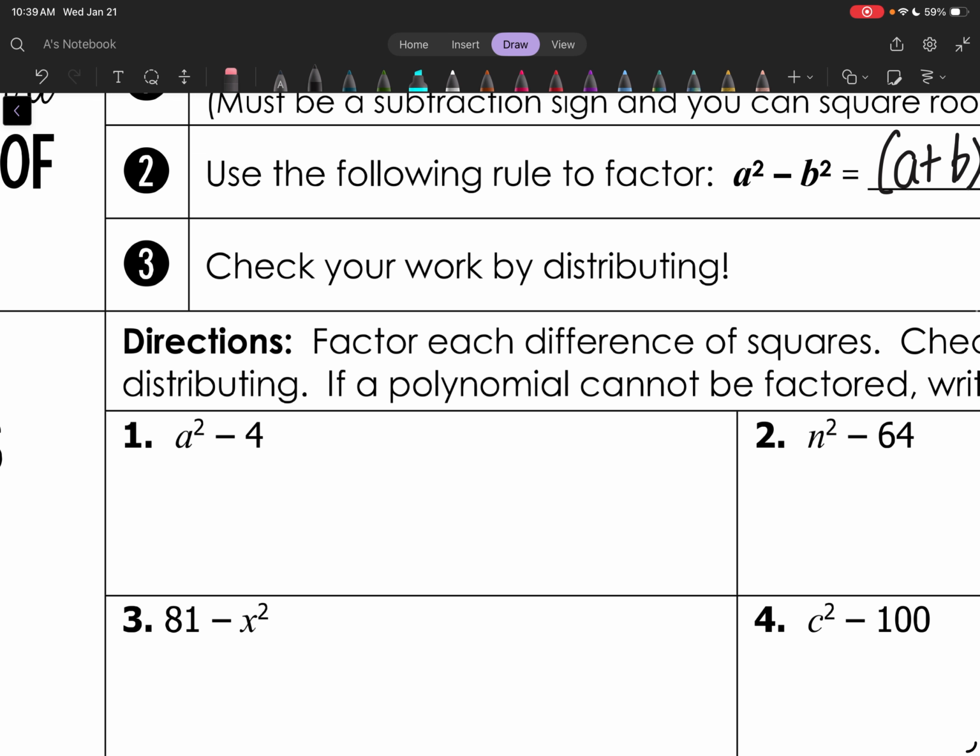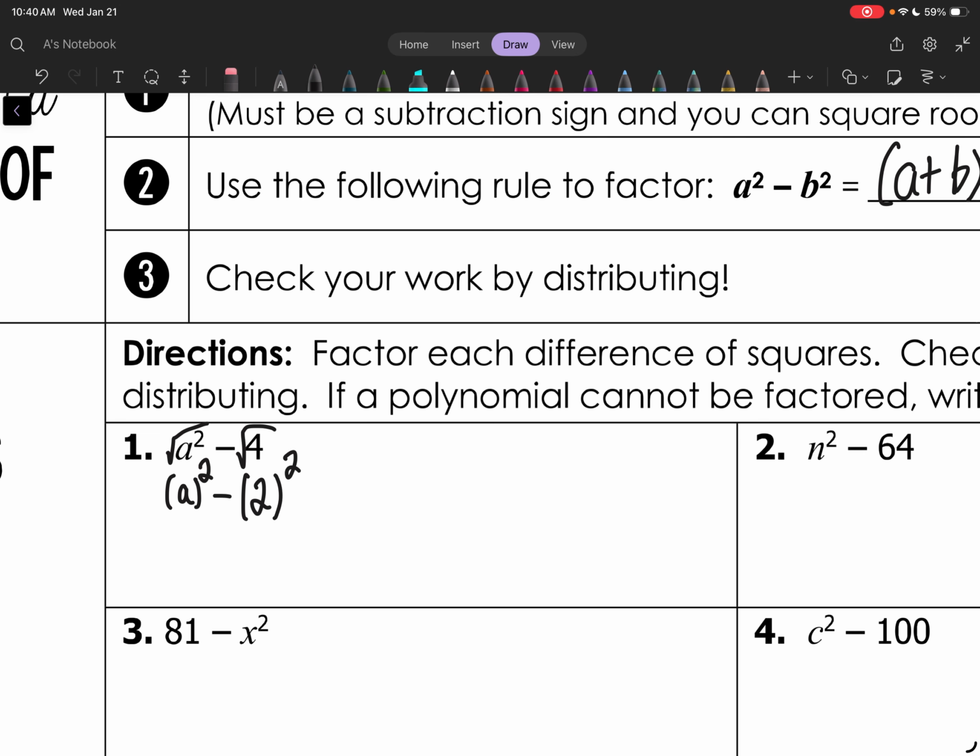Number 1. The square root of a squared is a, so that's quantity a squared. The square root of 4 is 2, quantity 2 squared. Now my formula, the first one plus the second one, the first one minus the second one.